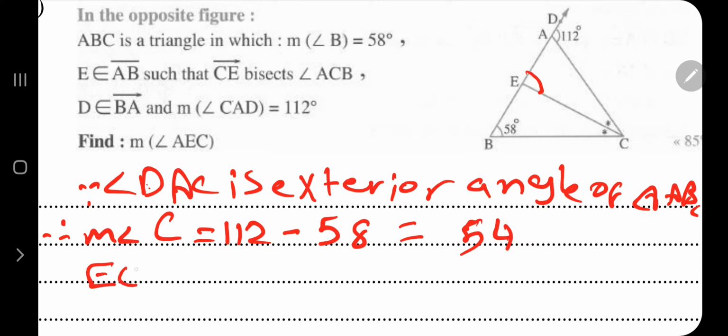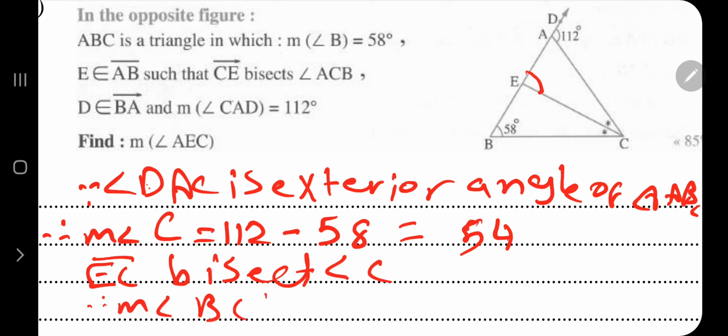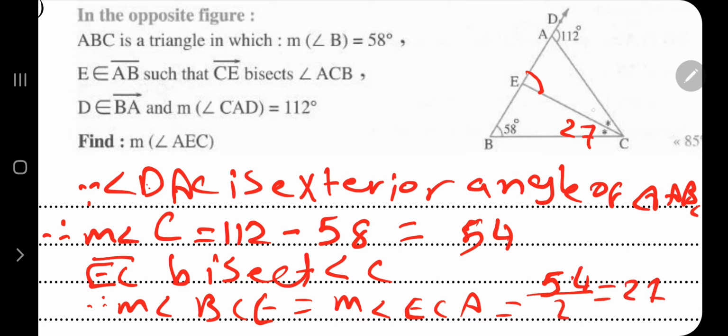But EC bisects angle C. That means the measure of angle BCE equals the measure of angle ECA equals 54 divided by 2 equals 27. This value is 27 and this value is 27.